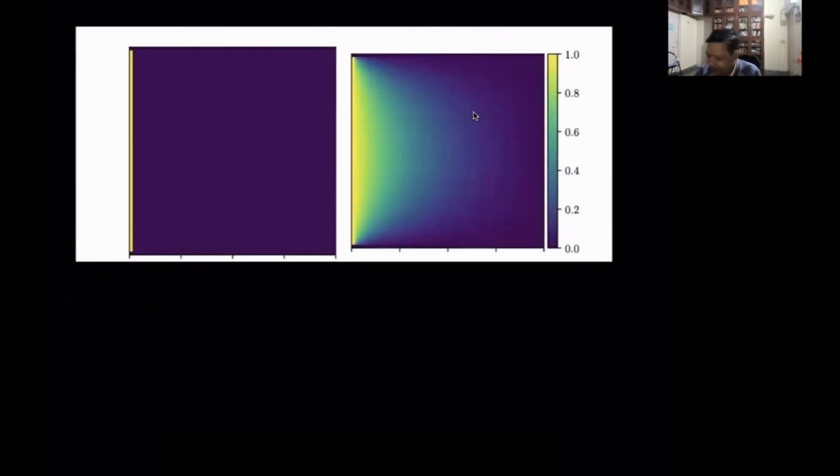I don't remember, the potential probably is 5 on the left. It's non-zero here, in this yellow strip, and 0 elsewhere. We can see this: 0 is purple, and red is 1. So my potential on the left is 1. You can see the potential has decreased.